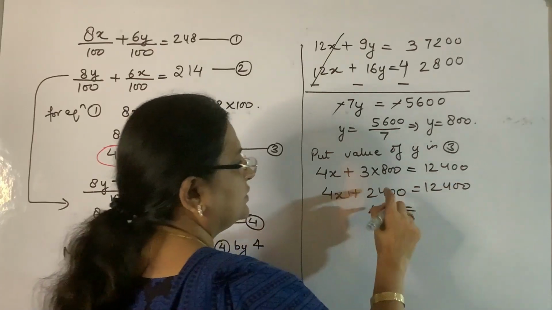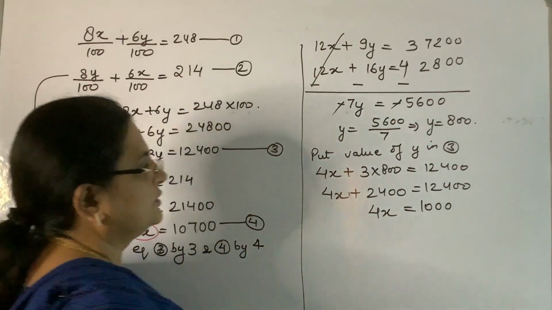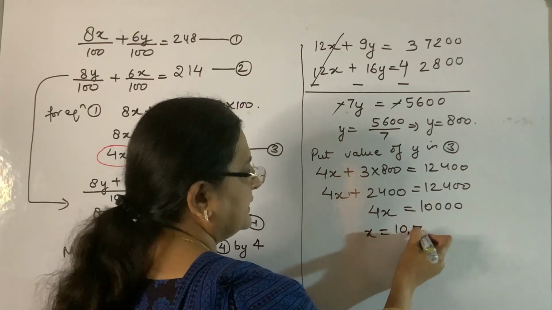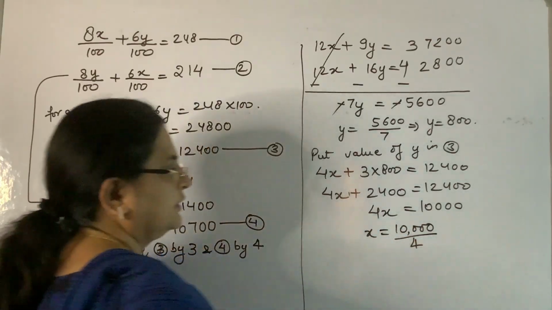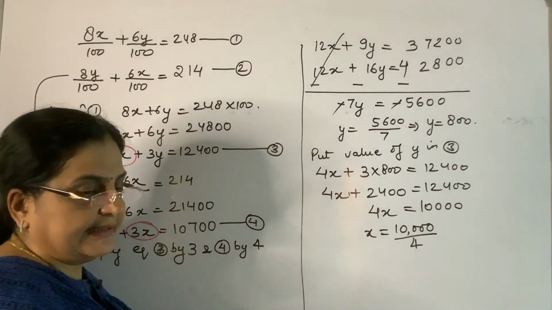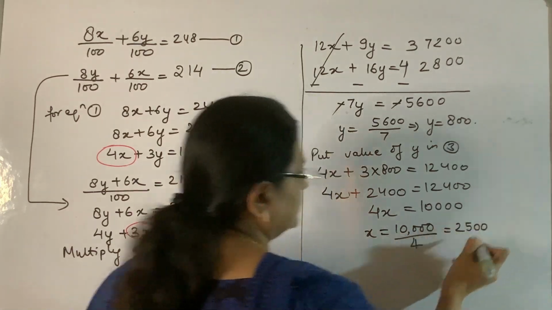So 4x is equal to, transpose and subtract, it will be equal to this. So x will be equal to 10,000 upon 4. When you cancel it, you will get 2500.